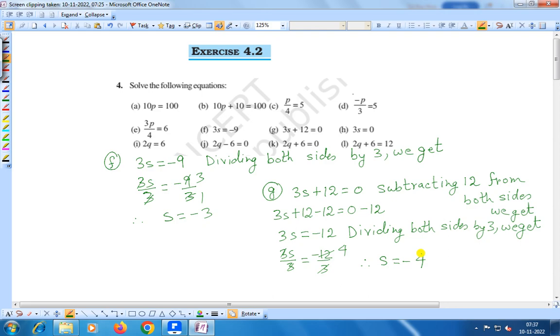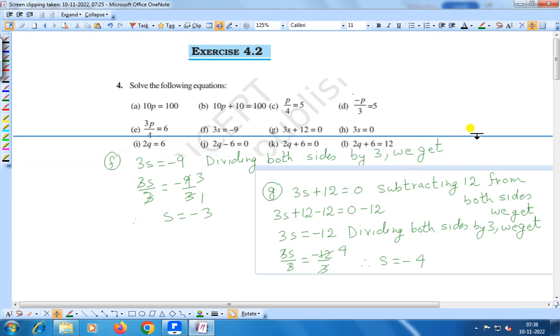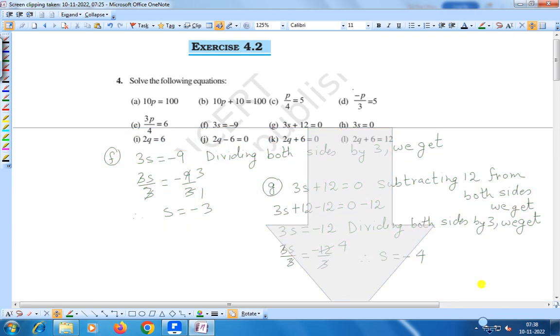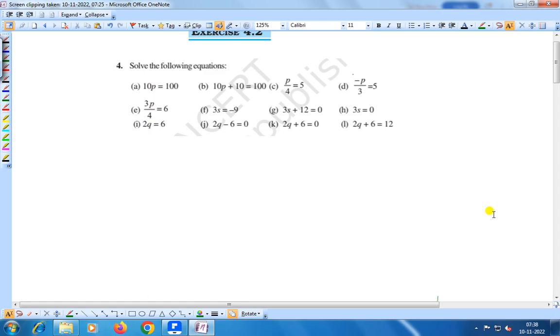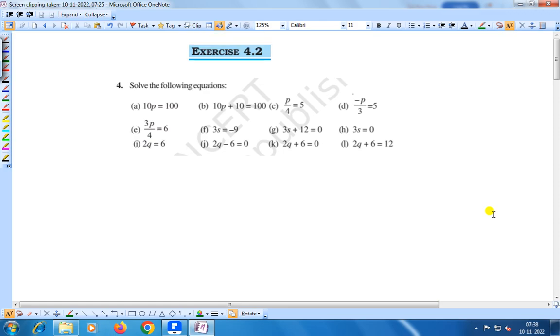Now, question number H. Question number H is 3s is equal to 0.